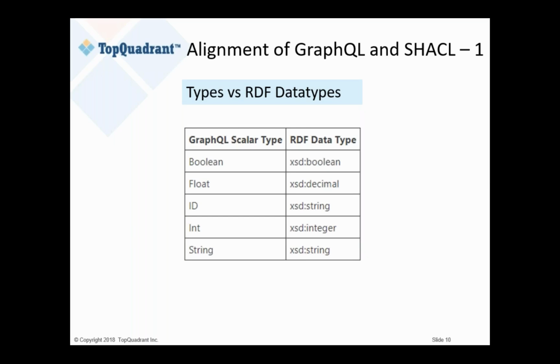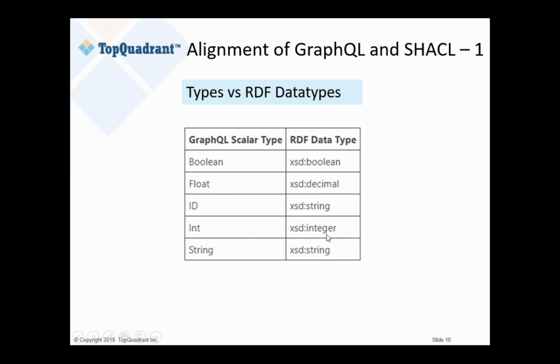And obviously there is a straightforward mapping from Booleans to RDF Booleans using the XSD data types, and also for floating points, RDF has something very similar, and it also has double and floats, and all of them can be mapped into a GraphQL float.